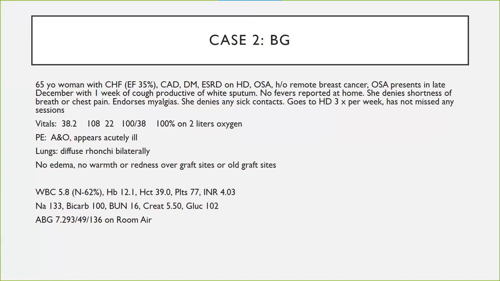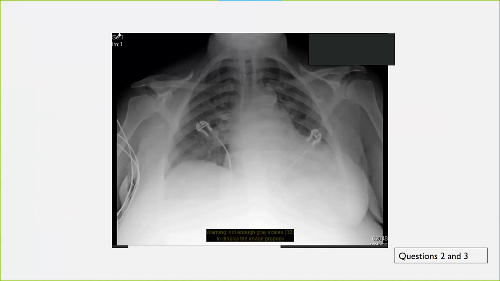BUN of 16, creatinine of 5.5. Remember, she's on dialysis. And her ABG on room air is listed as below. This is her chest x-ray. And you can see that maybe she has an infiltrate in this left lower lobe here.